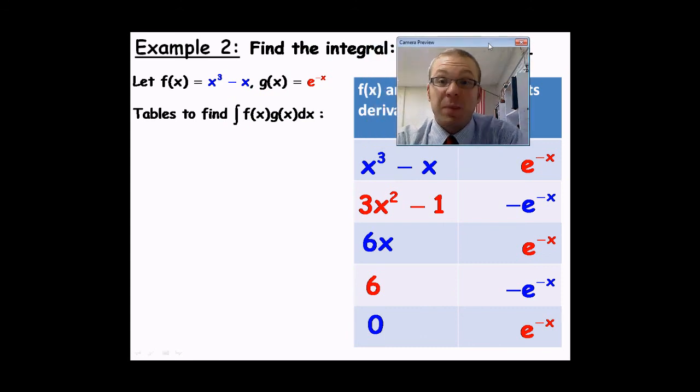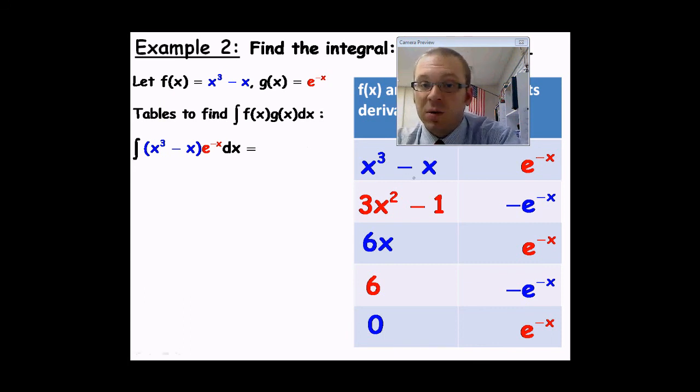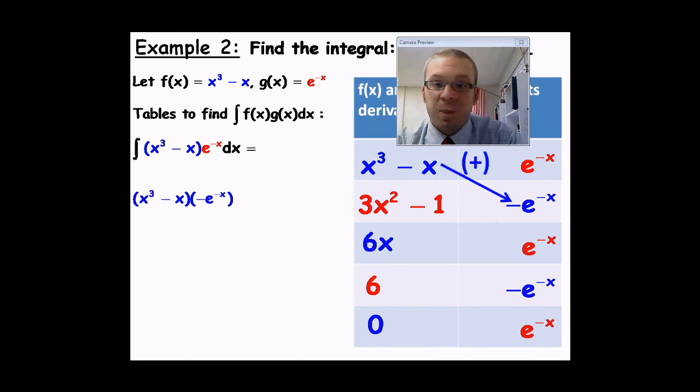And now we have to kind of smash everything together. So what we're going to say is that the integral of x cubed minus x, that quantity, times e to the negative x dx, well, we work down diagonals here, remember. And so we're going to be linking together x cubed minus x and negative e to the negative x. And that's going to be a plus in the beginning of the problem.